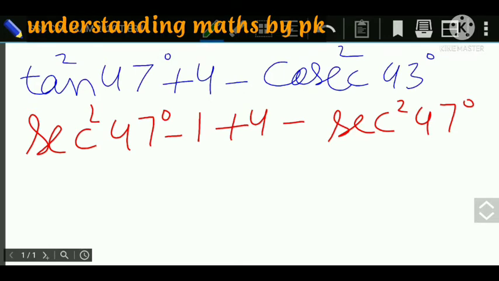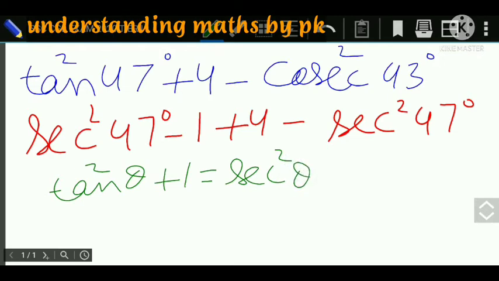Here we should know tan square theta plus 1 is equal to sec square theta. So accordingly, in place of tan square theta we have written sec square theta minus 1.